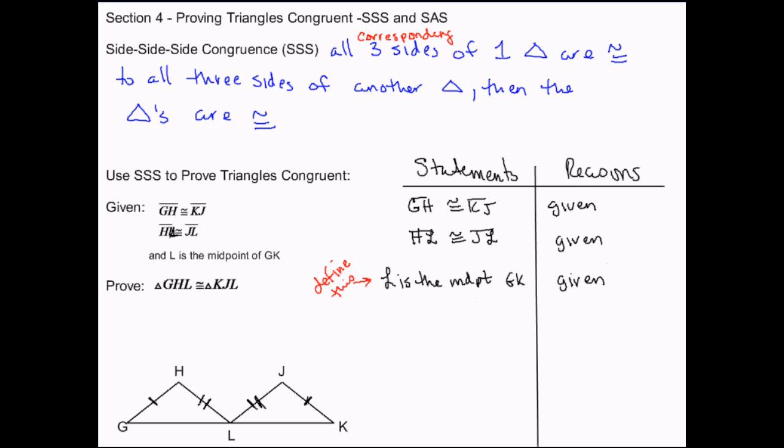Since L is the midpoint of GK, that means that GL is the same length as LK, because that's the definition of midpoint. And that gives us that this part and this part are the same length, and then I have 3 sides. So I can finish this off with my triangles are congruent by side, side, side.